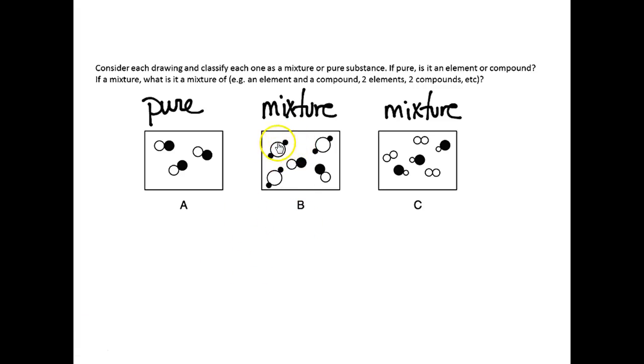B is a mixture of these things, which look like one big sphere and two small spheres connected, like maybe water. And this other one is two, so it's two different compounds. B is a mixture of two different compounds. And I know it's a compound because each of these has at least two elements present.